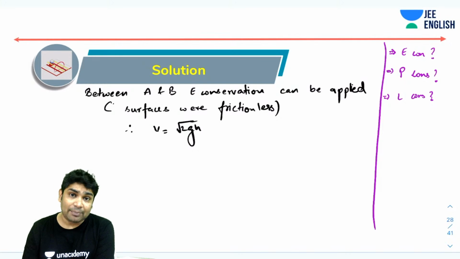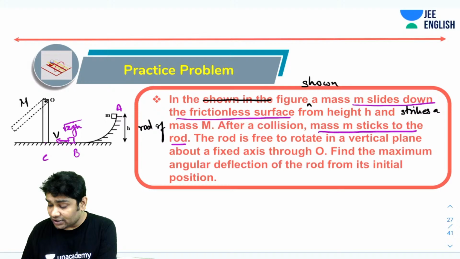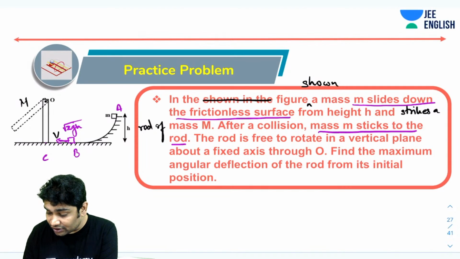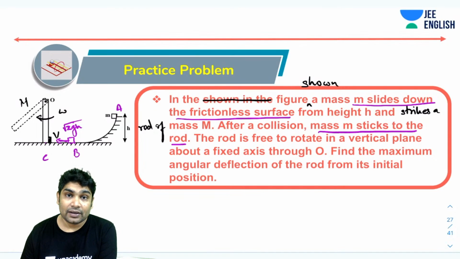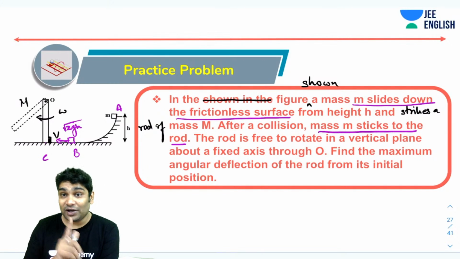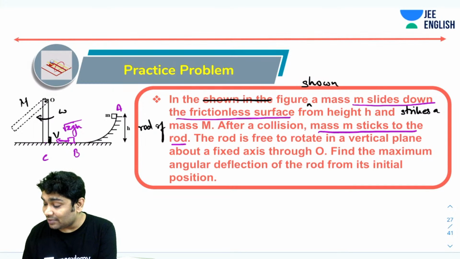Now, when the collision happens, what will happen? Let's see how this will behave. Right after the collision, the rod would gain some omega, and the mass will stick to it. Now, during that collision, can I apply energy conservation? No. Why? Because what have I been told? I have been told that the mass m sticks to the rod.